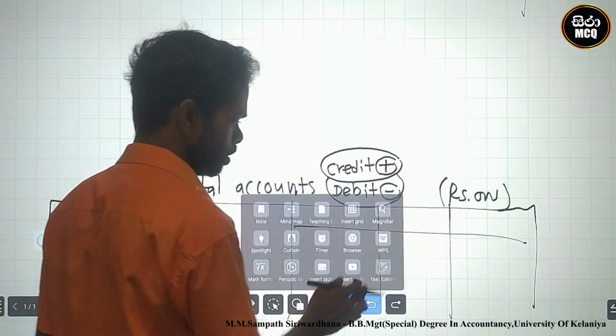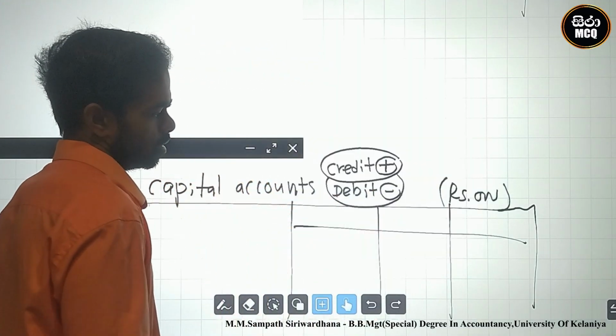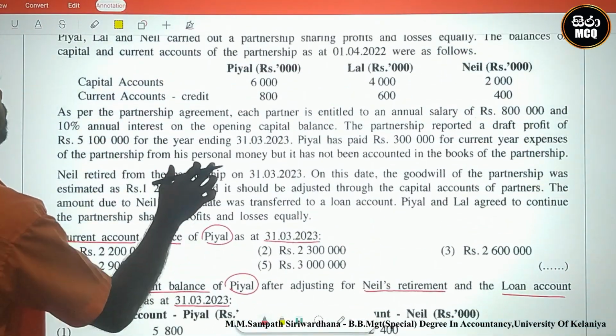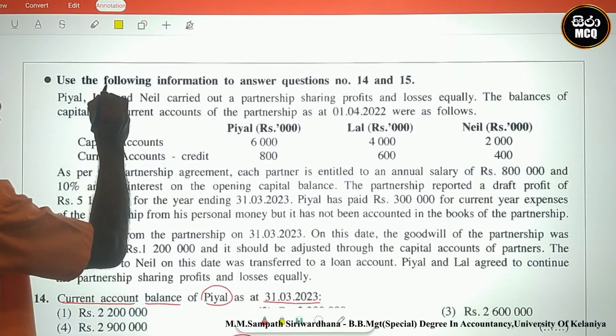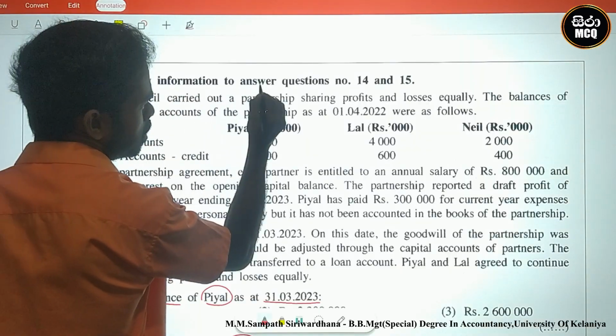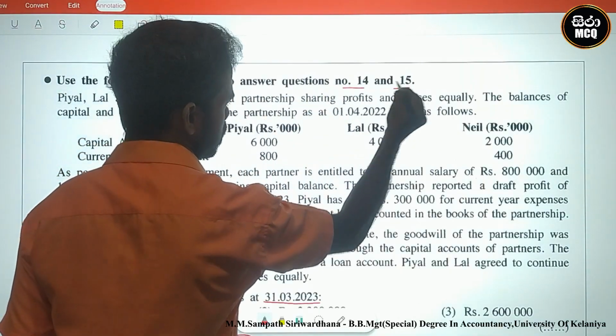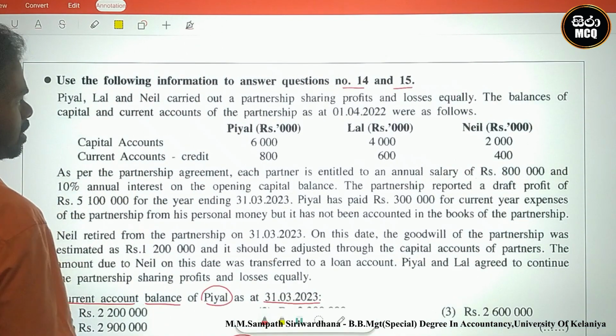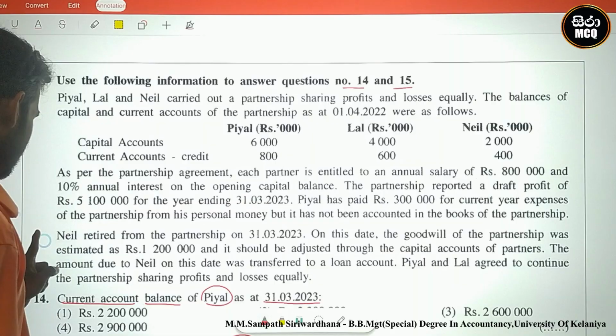Okay, let's see the question. Use the following information to answer question 14 and question 15. PL, Lal and Neil. What are the names? PL, Lal and Neil.